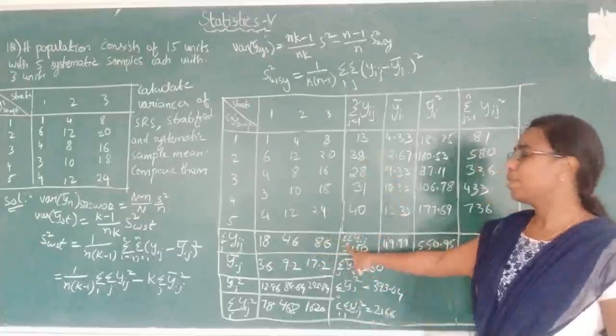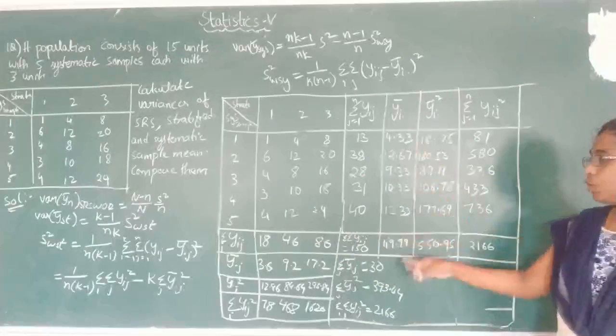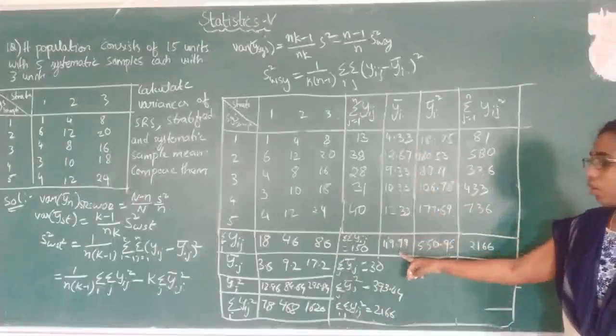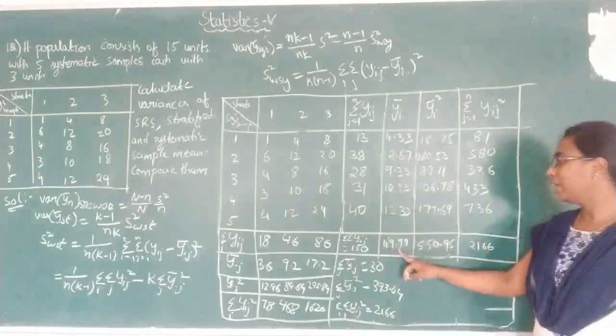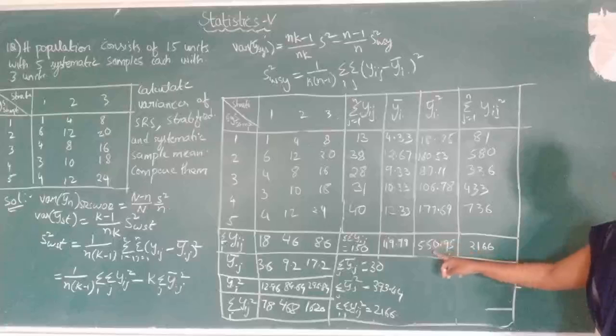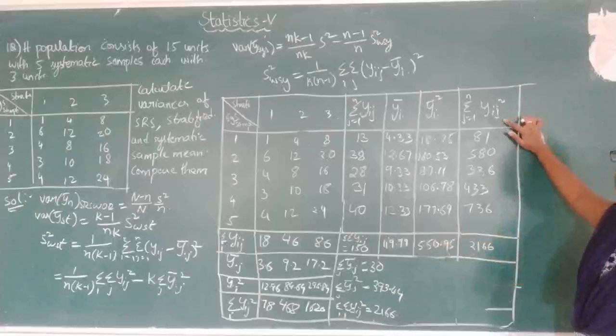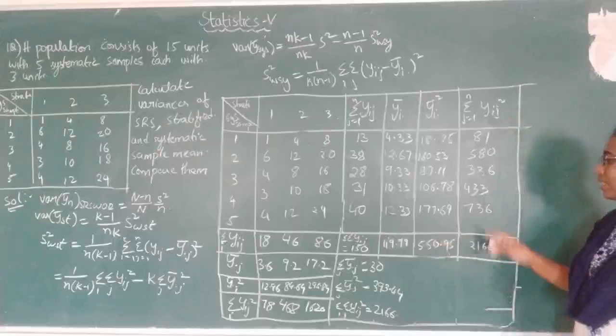That is given as double summation Yij equals 150, and summation over I dot bar is 49.99, and summation over I dot bar square is 550.95, and the last, summation over Yij square, is 2166.